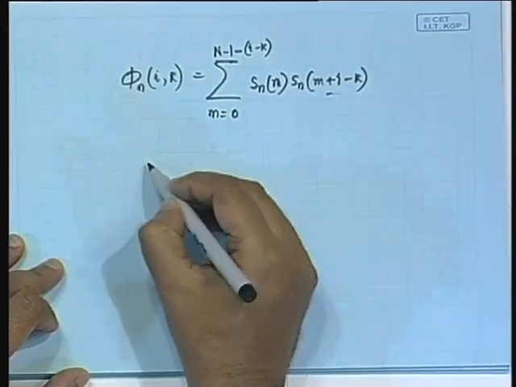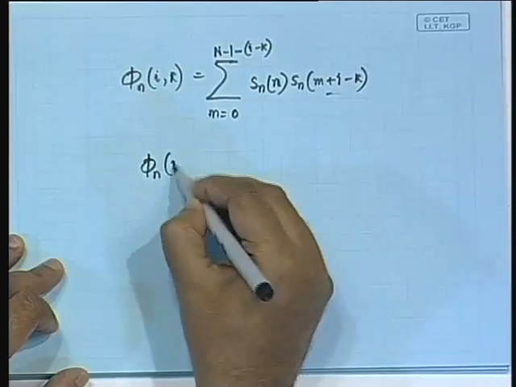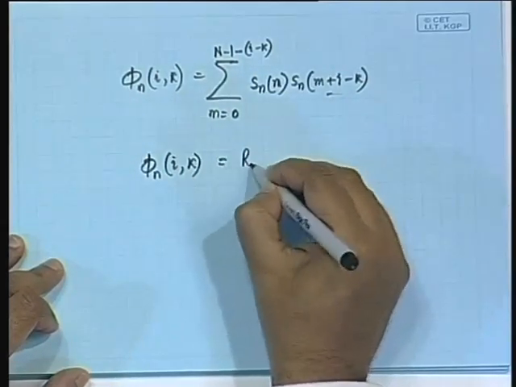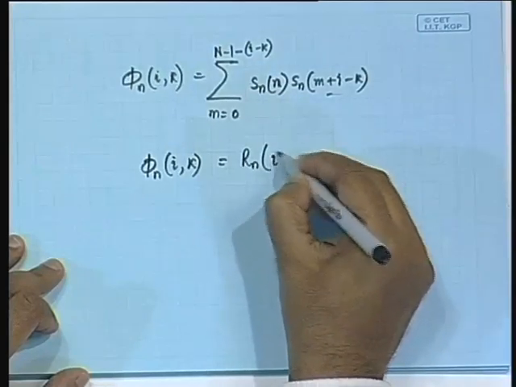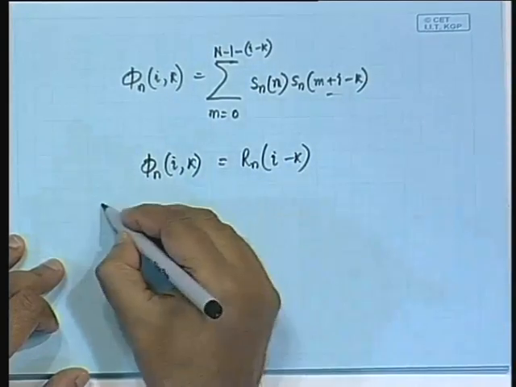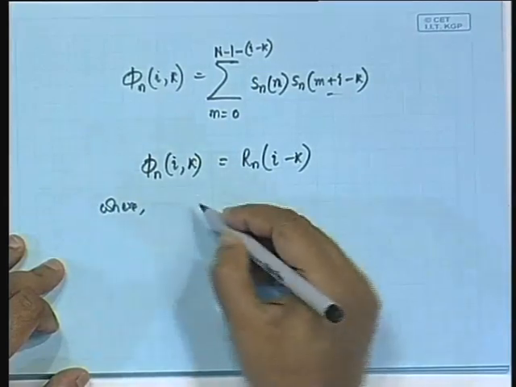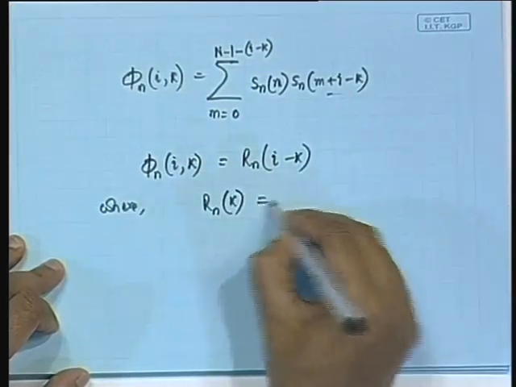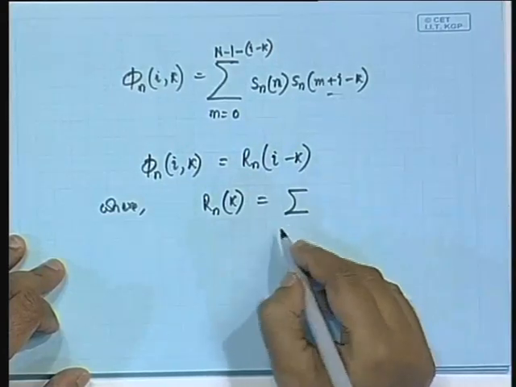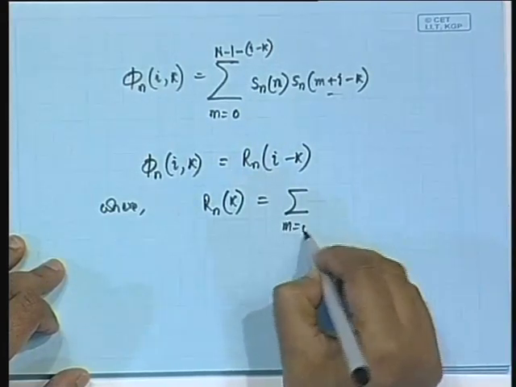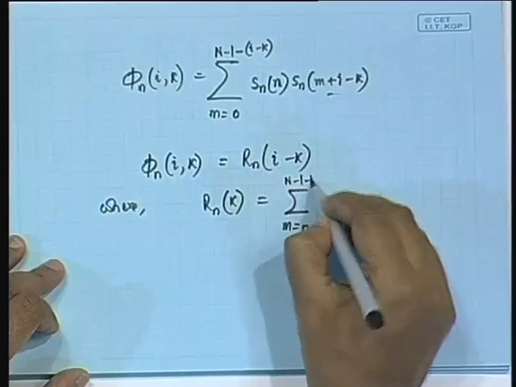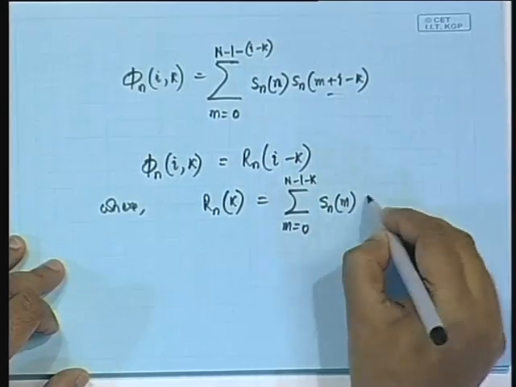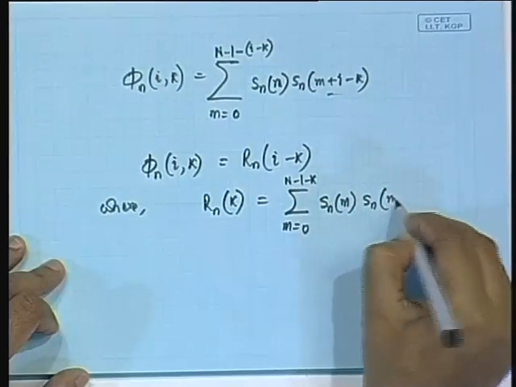So instead of phi n(i,k) I can write it as Rn(i minus k), okay, where what is Rn(k)? Rn(k) is nothing but the summation m equal to 0 to N minus 1 minus k, Sn(m) into Sn(m plus k).